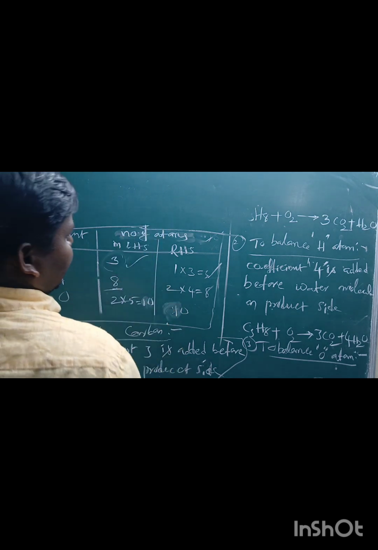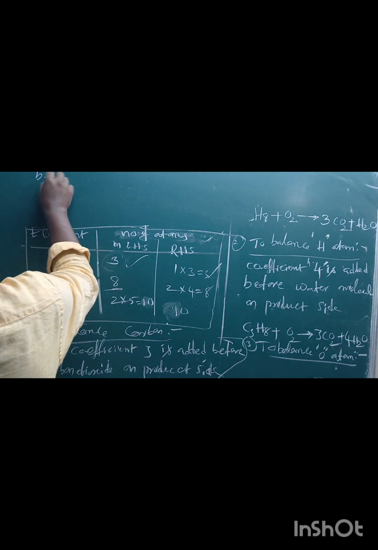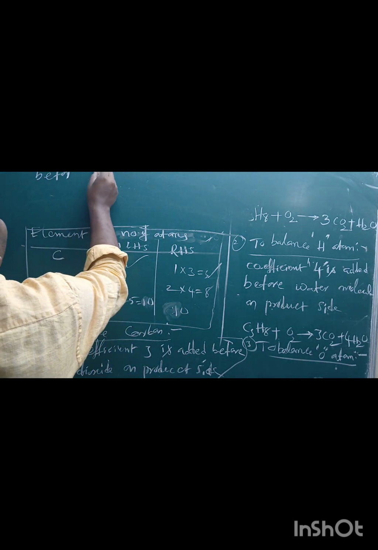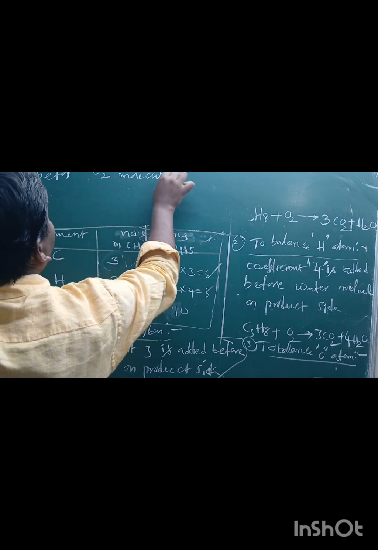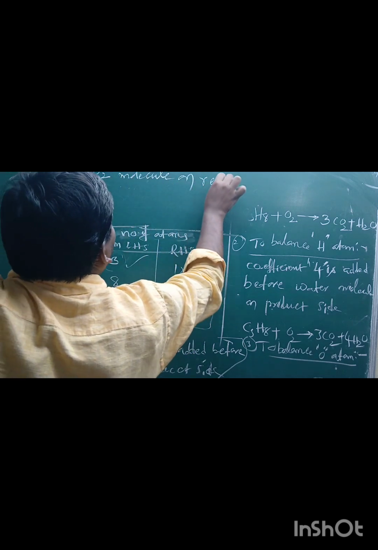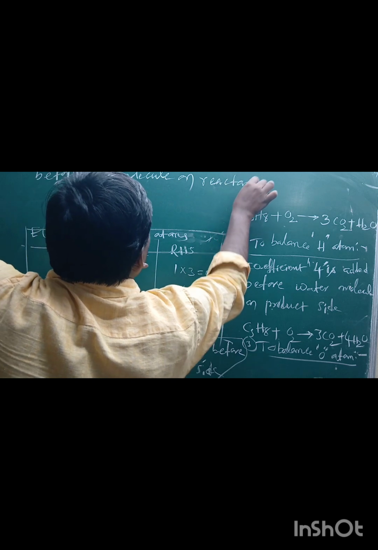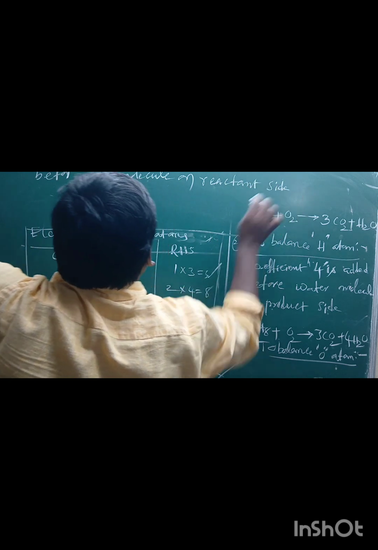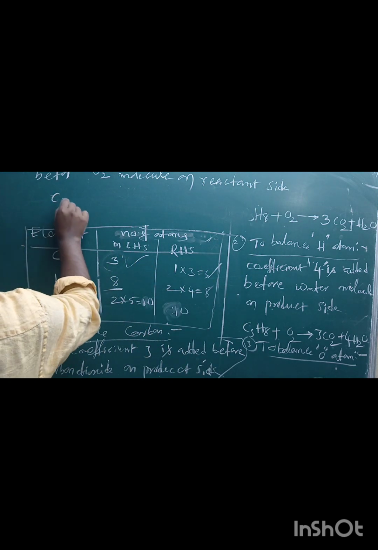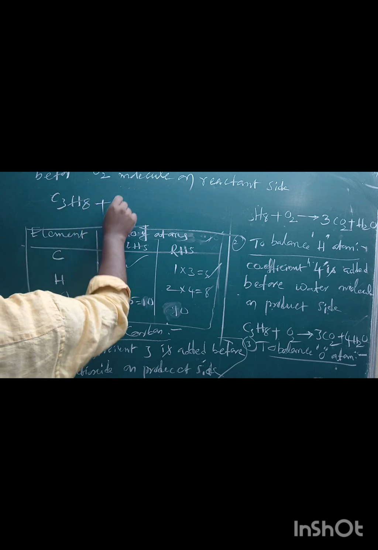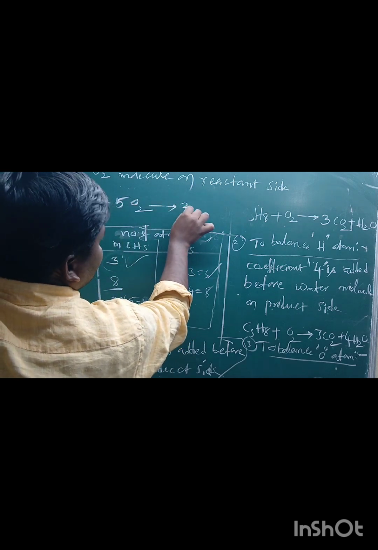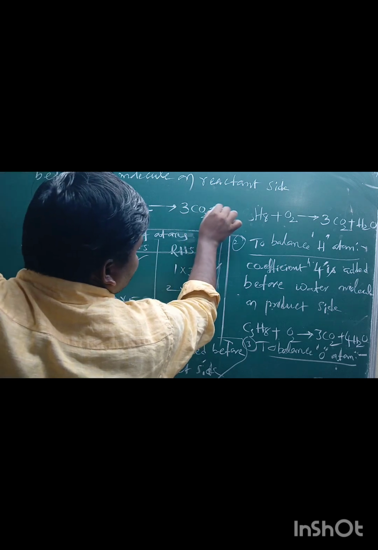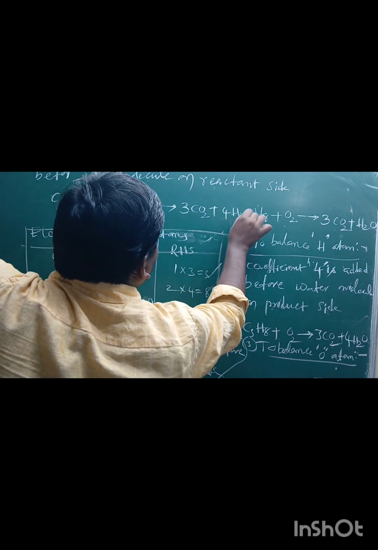5 is added before the oxygen molecule on the reactant side. That's why here C3H8 plus 5O2 gives rise to 3CO2 plus 4H2O.